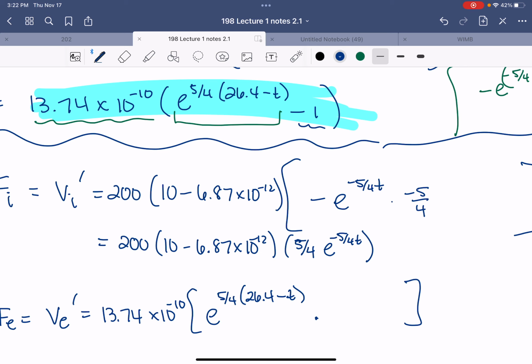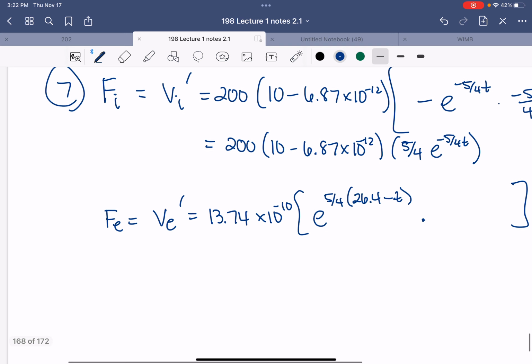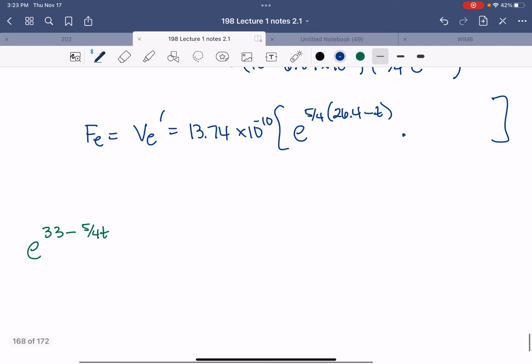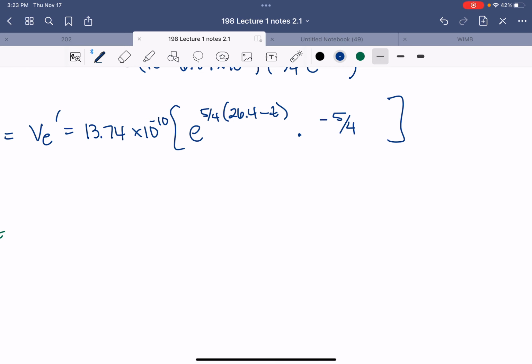And what's inside there, now be careful here because really, let me write this one out. What you have really here is e to the 5/4 times 26.4 minus t. And if you distribute that, you get 26.4 times 5/4 comes out to be 33. We've seen that number before. So 33 minus 5/4 t. So when you look at the derivative of the inside of that, the 33 doesn't have a derivative, and negative 5/4 t gives you negative 5/4.